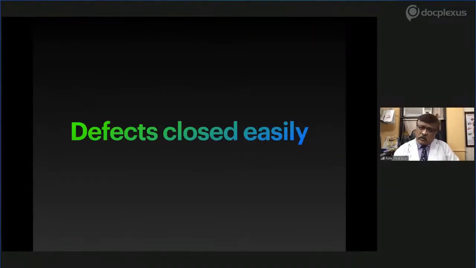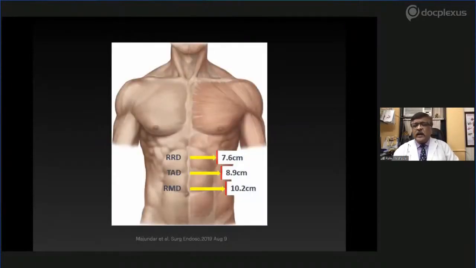Now, is it possible to close the defect all the time? If you do the retrorectus dissection, you can mobilize from one side up to 7.6 centimeters. If you do the transversus abdominis release or dissection, you can mobilize the abdominal wall by 8.9 centimeters.